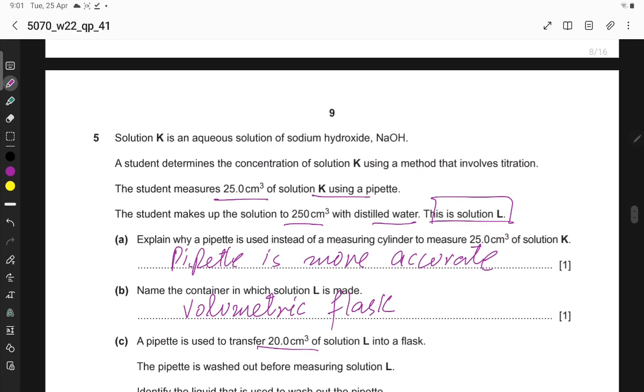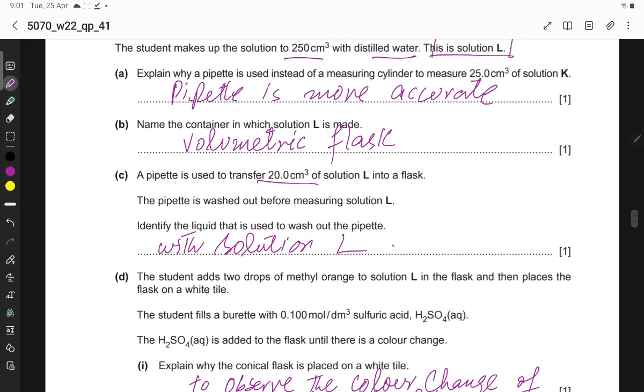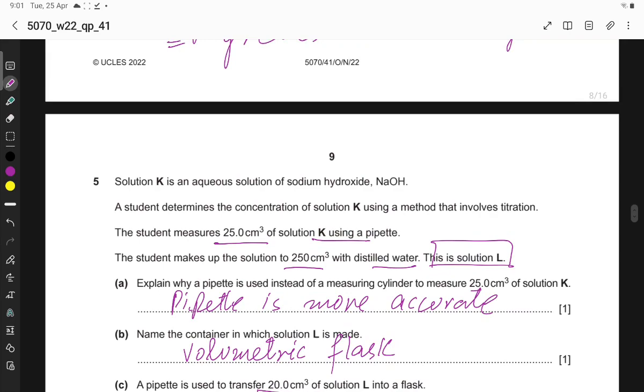as sodium hydroxide is using pipette makes up to solution L. A pipette is used to make solution L. So solution L is made up from solution K, which is sodium hydroxide.